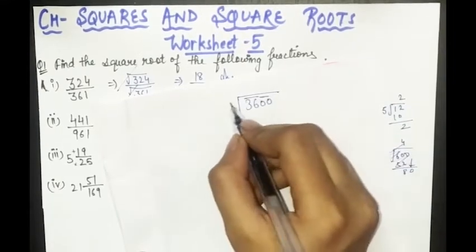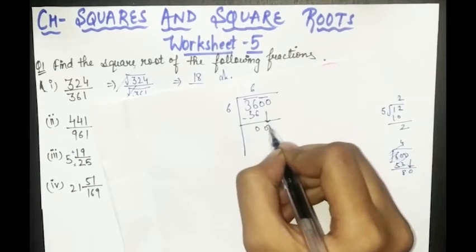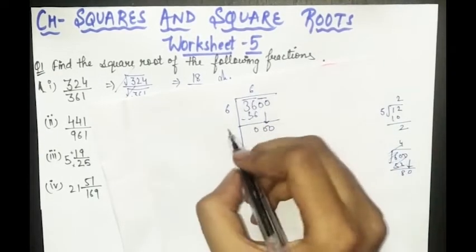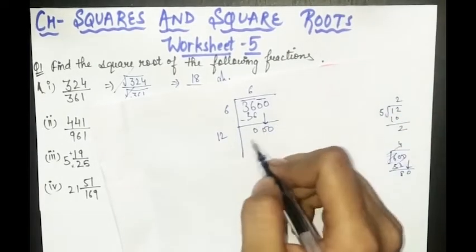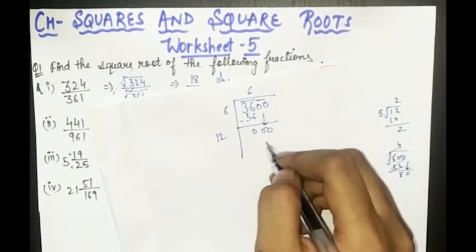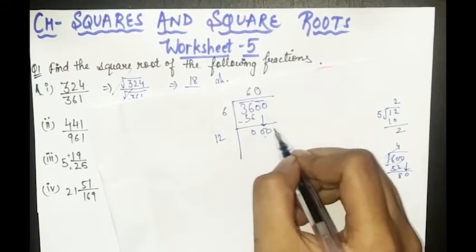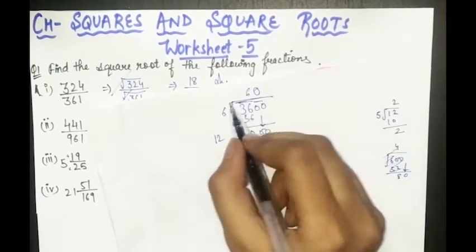You all know that the square root of 36 is 6, and here will be 0. The double of 6 is 12. So you all know 0 0 doesn't come in 12's table at all. So this is the completely divisible method, and you can put 10 here as there is pairing, so you can put 10 here, like 60.